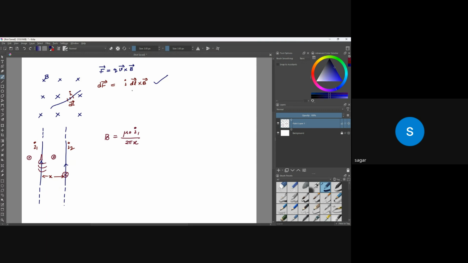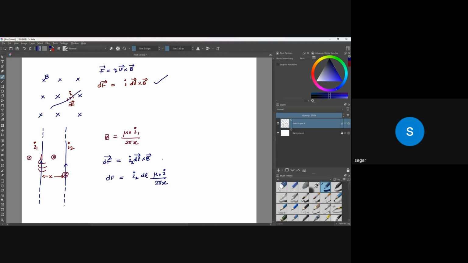That's it. We got the magnetic field. I'm just going to apply this formula: dF is equal to I into dl bar cross B bar. The current in this wire is I2, so I'm going to write I2. If you just look at the magnitude, it will be simply I2 times dl times mu naught I1 by 2 pi x.